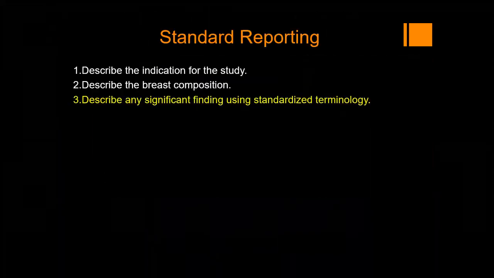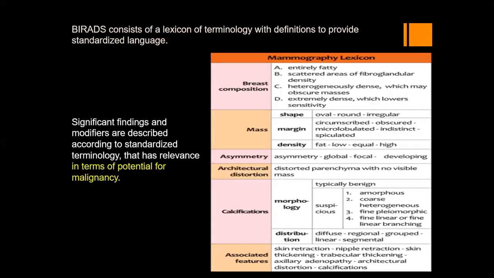Then we shifted and revised the mammographic abnormalities, and we mentioned that in the standard report, after describing the indications and composition, you have to describe any significant findings in the mammogram. We went through these and revised them all: the masses, asymmetry, calcifications, associated features.